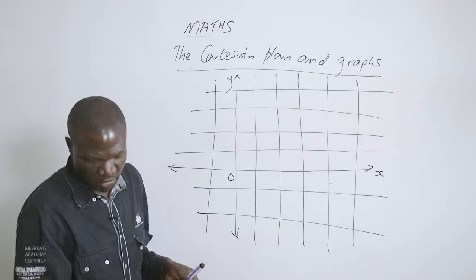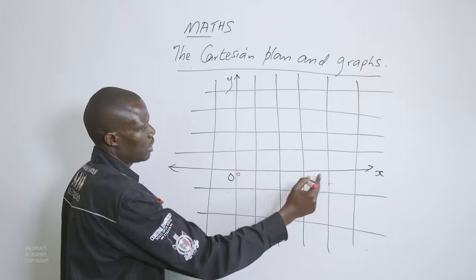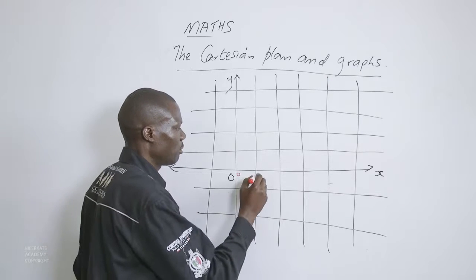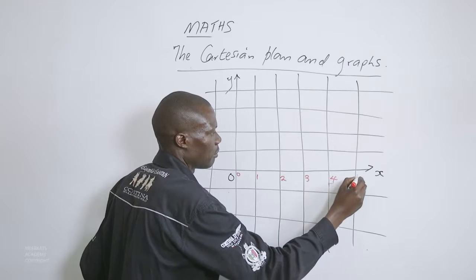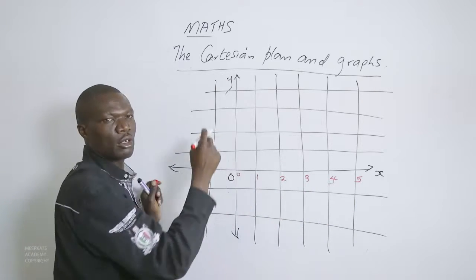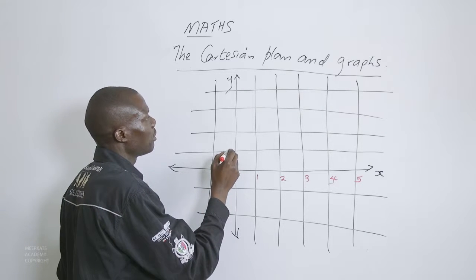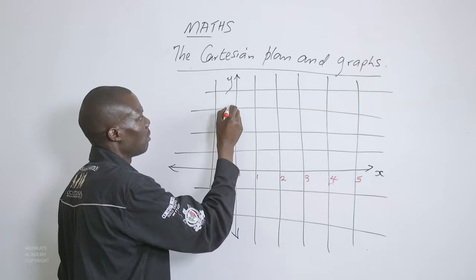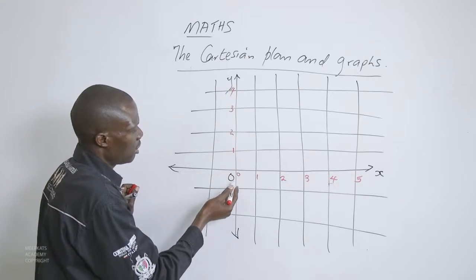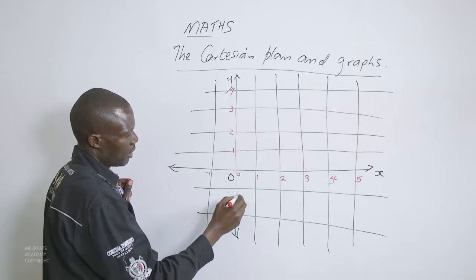So as you have said, this is the origin. Towards the right, we have the scale. On the vertical axis, which is the y-axis, we have the scale of y. As you move towards the negative side, it becomes negative.